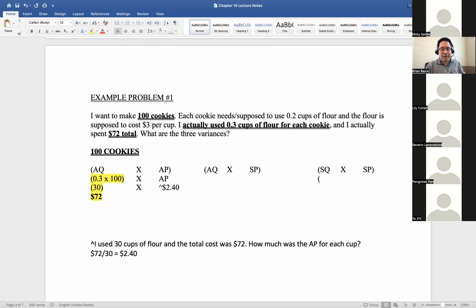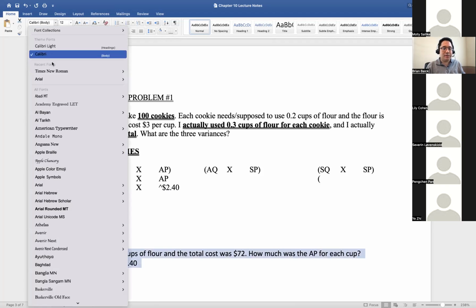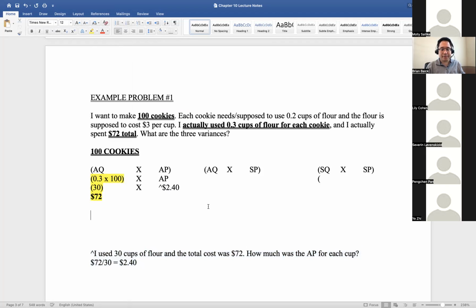Okay, all right. Then what is the standard quantity going to be, everybody? Does anybody know? Anybody have any idea? Can you take a guess? What is the standard quantity? 20.